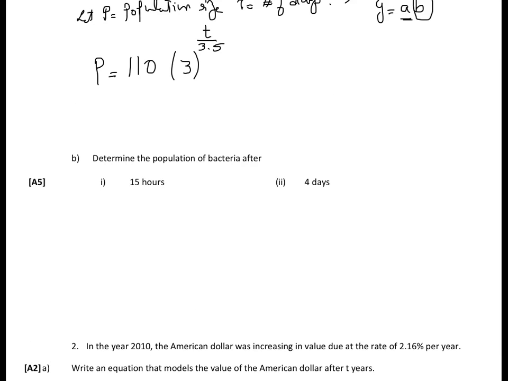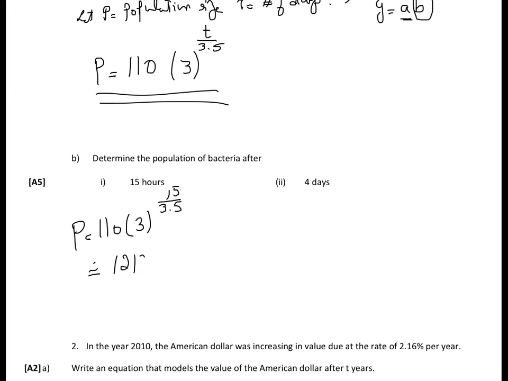The next question says what is the population after 15 hours? We have the formula here, so I'm going to say P is 110 times 3 exponent 15 divided by 3.5. If you simplify this one, we get about 12,195. And remember, you may get decimals, but since population has to be a whole number, we are going to round that one.